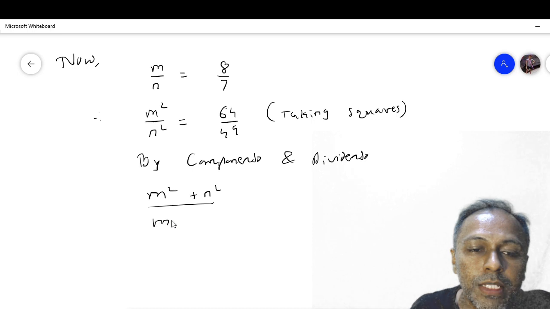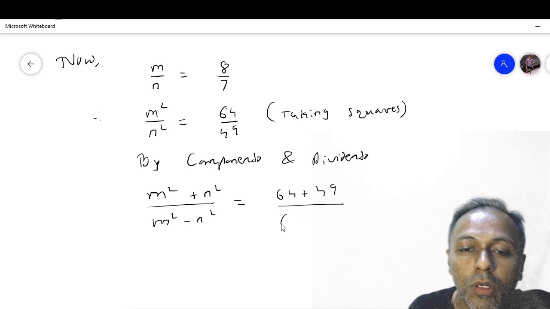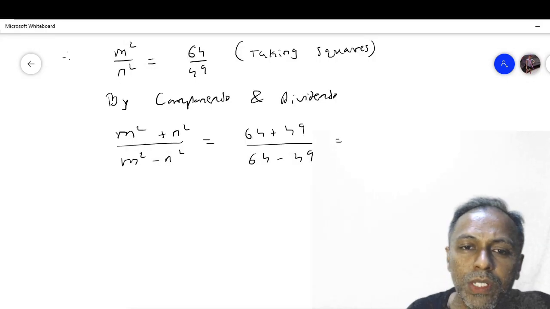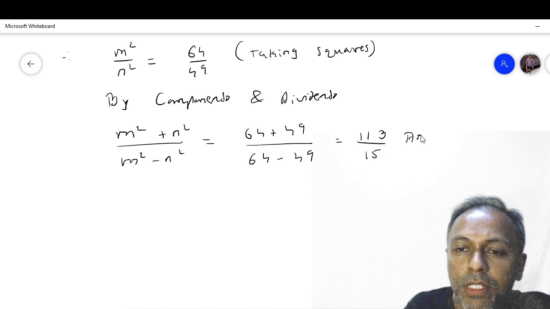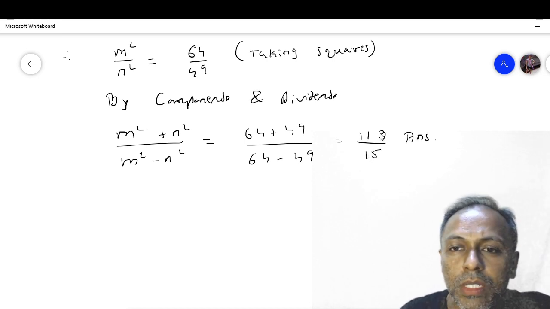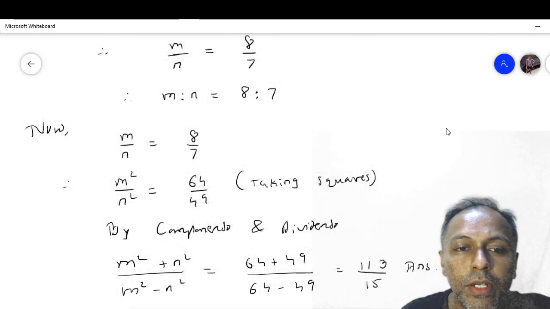M square plus n square upon m square minus n square is equal to 64 plus 49 upon 64 minus 49. This is evaluatable, this is manageable, this will look like 113 upon 15. This is your answer. So this is how you can do problems on componendo and dividendo.